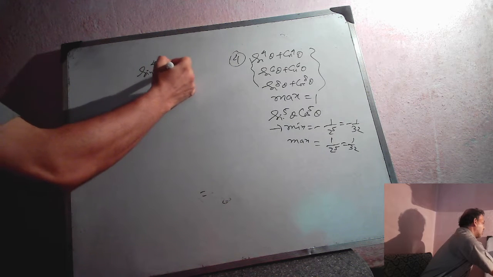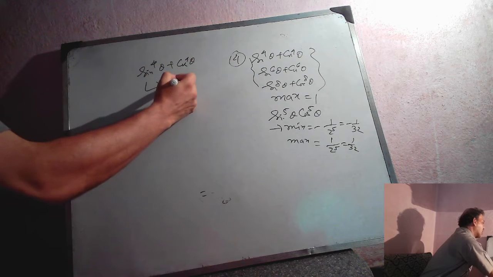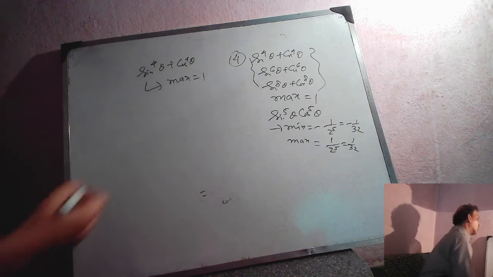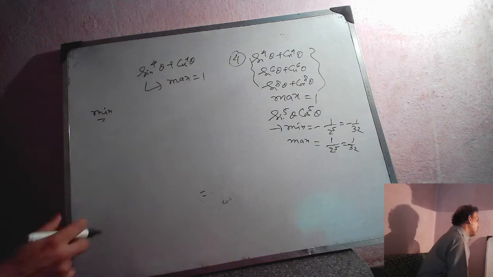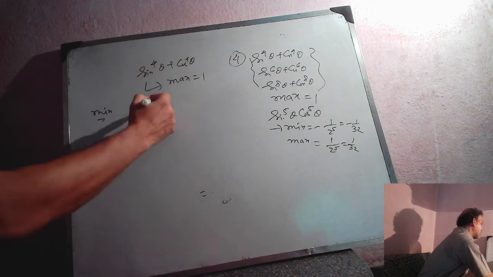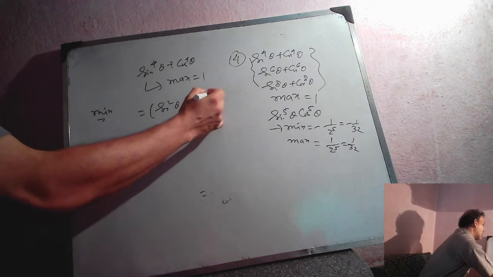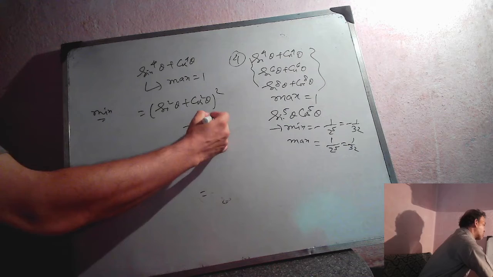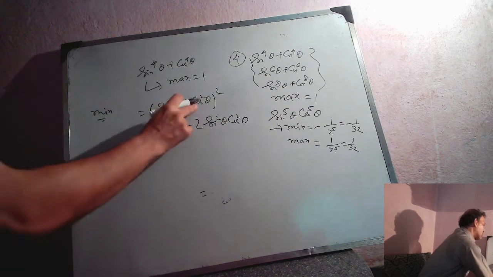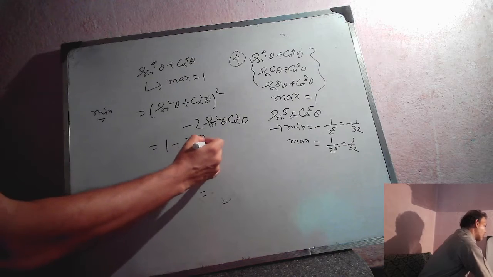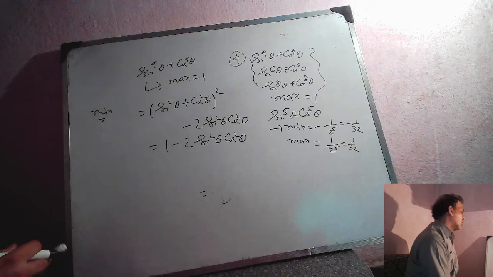Take sin^4 θ plus cos^4 θ, maximum value 1. Find its minimum value. Write it as (sin^2 θ + cos^2 θ)^2 minus 2 sin^2 θ cos^2 θ. This is equal to 1 minus 2 sin^2 θ cos^2 θ.